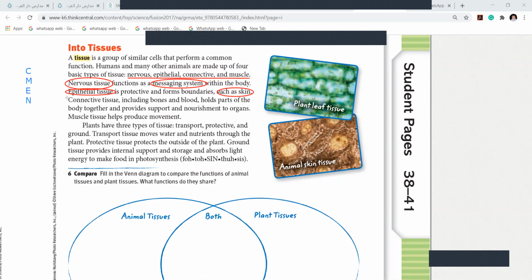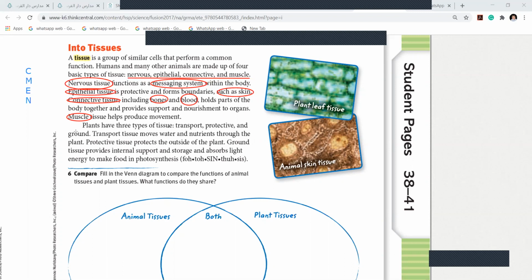Connective, you remember? Bones, blood. BB here. And then muscle. Of course, you know that it will help you to move.